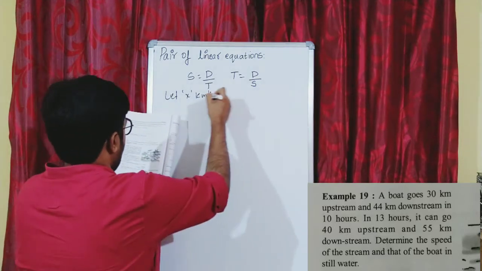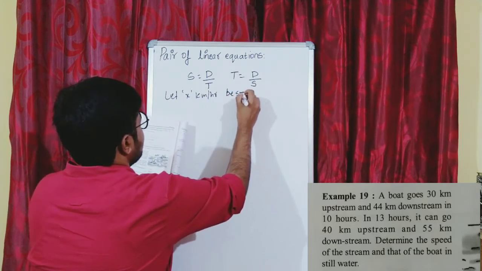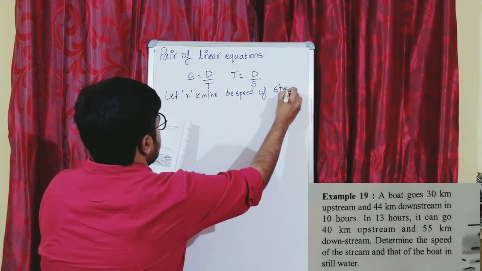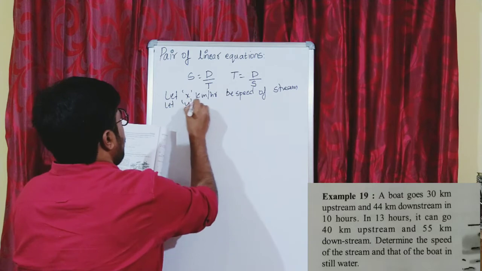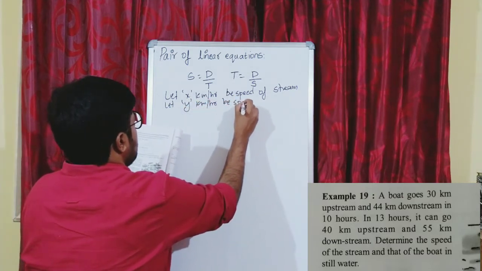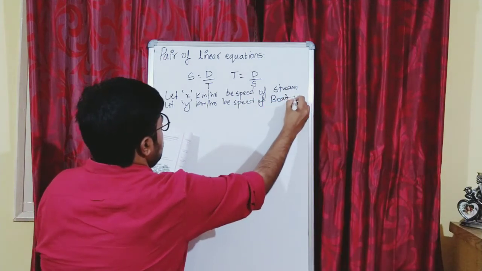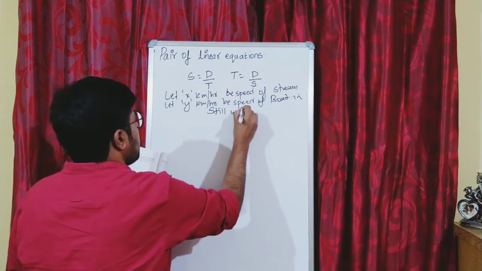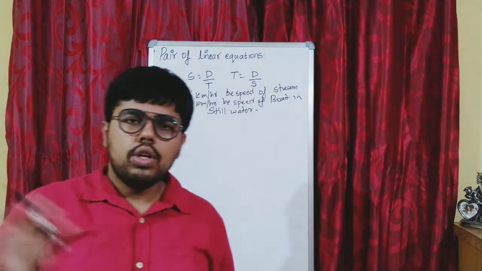Let x kilometer per hour be the speed of the stream, and let y kilometer per hour be the speed of the boat in still water. This is the first thing you do in all such problems.